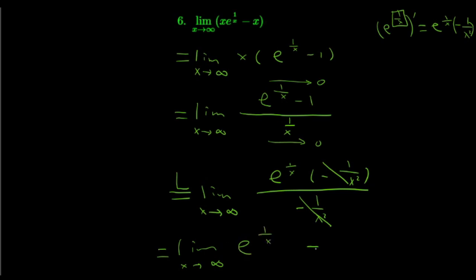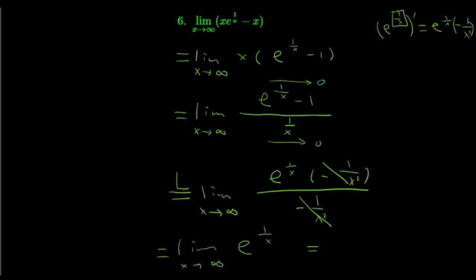For this one, we do not have to use L'Hopital's rule or any other rule again. Anybody want to tell me the limit? As x gets larger and larger positive, 1 over x gets tinier and tinier, closer and closer to 0.